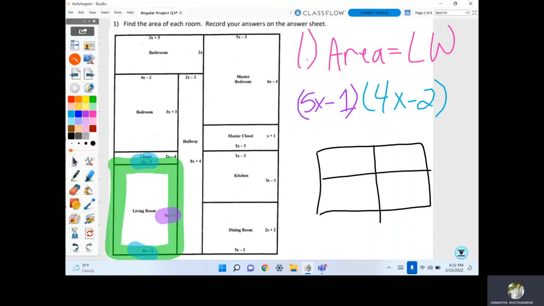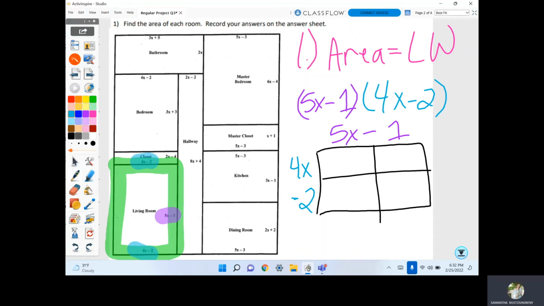So I'm going to put 5x minus 1, and I'm going to make a note of the box. Whenever I have a negative, I always put it next to the number it goes with, just because I've noticed that when people put it in between, they tend to forget about it and leave it off. Whatever works for you.